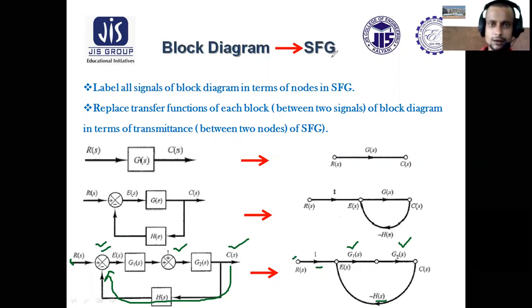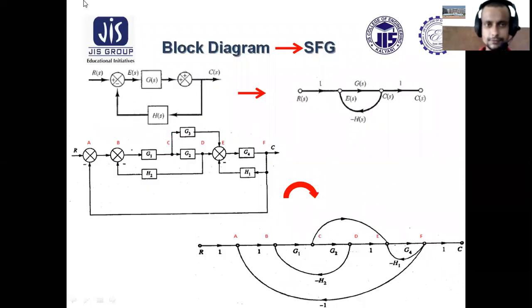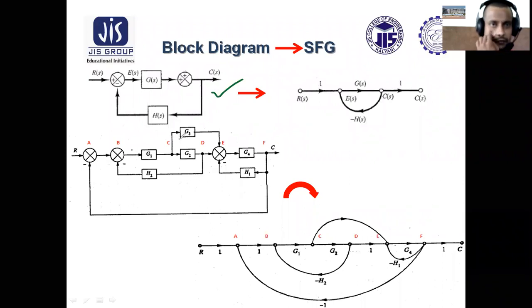Now let us move to a tougher block diagram to get a clear understanding. This part is almost the same as before. Now let us come to this. This will give us a clearer idea.